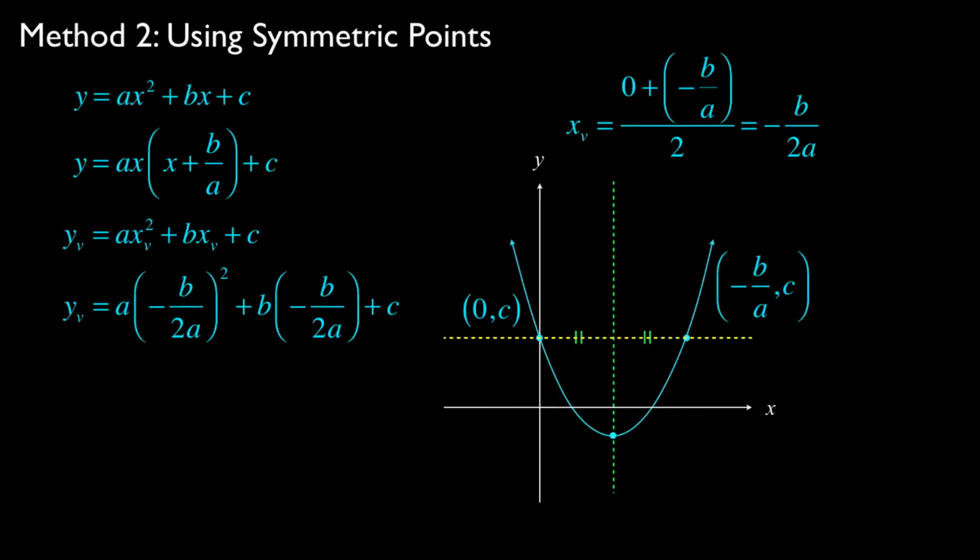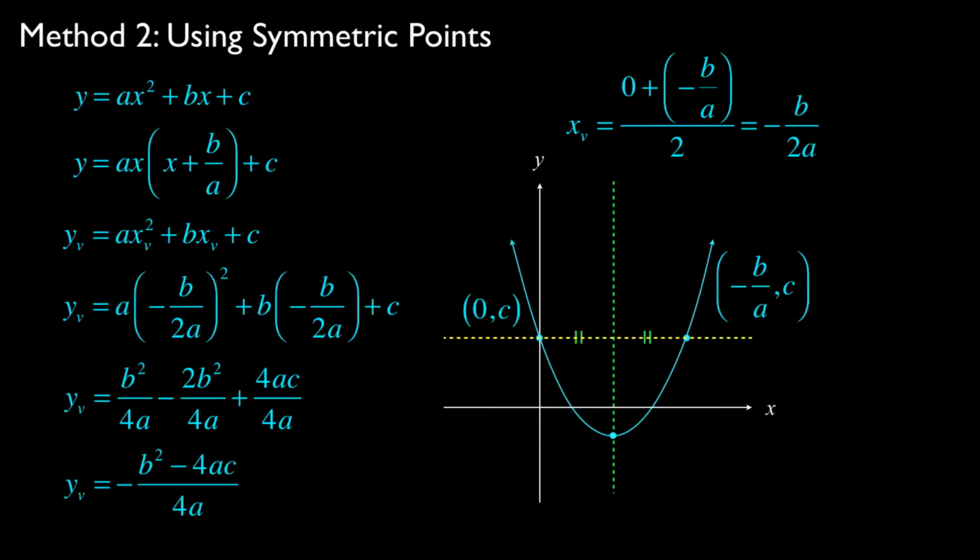Performing a bit of an expansion, I get b squared over 4a minus 2b squared over 4a plus 4ac over 4a. You may want to do the algebra on this just to verify that that's what you get. And then I get a common way to write this expression when I gather everything over a single denominator. I show that yv is negative (b squared minus 4ac) all over 4a.